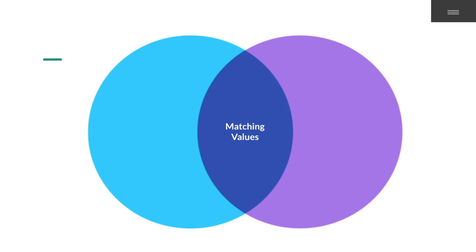The blue circle would represent table A and the purple circle would represent table B. In using the inner join clause, what we're trying to do is return the records that are matching in both table A and table B, and that would be the records in the middle. So it would return these matching values. Now, let's take a look at this in practice to get a better understanding as to how it will actually work.